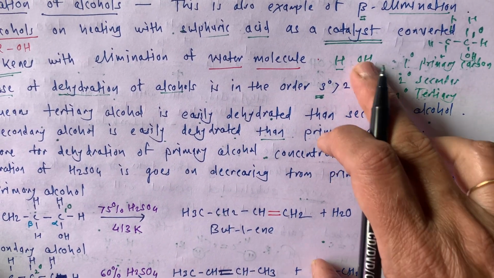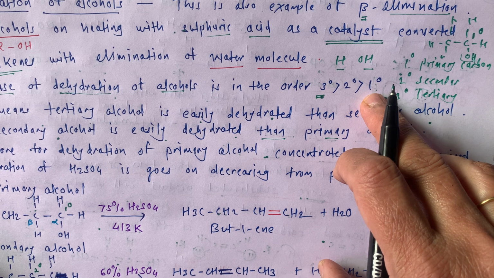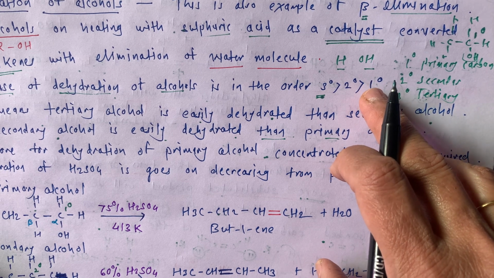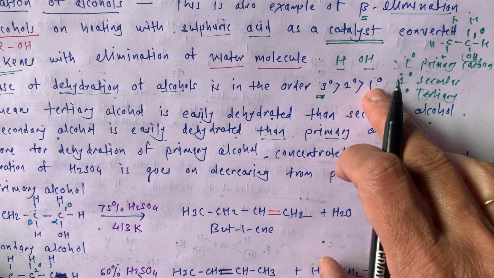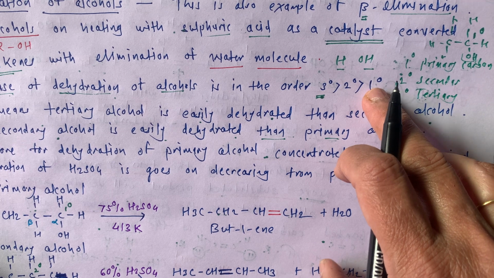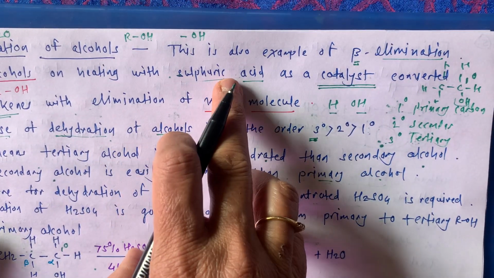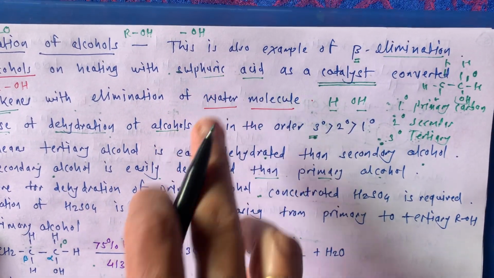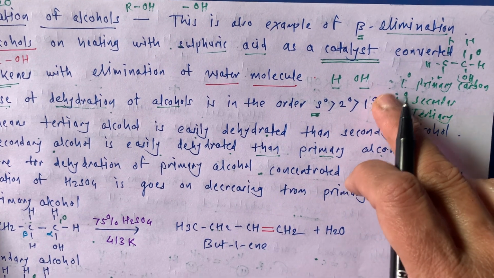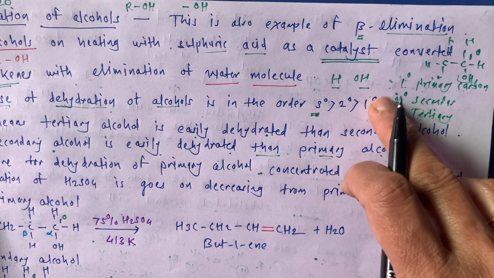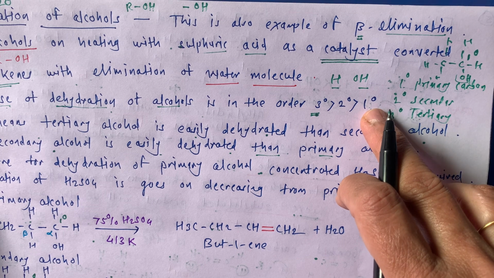Primary is the least reactive alcohol over here, and that's why we need a strong catalyst. Strong catalyst means this sulfuric acid which we are going to use as a catalyst should be concentrated for primary.